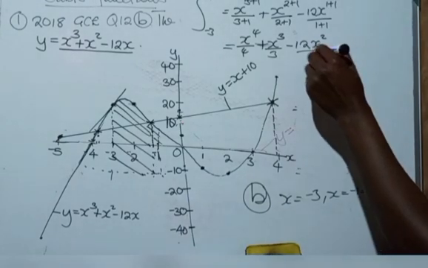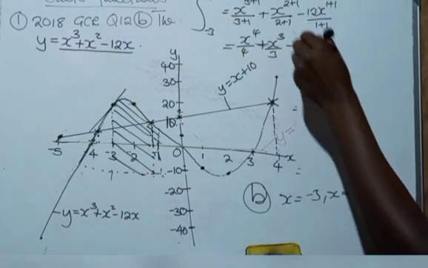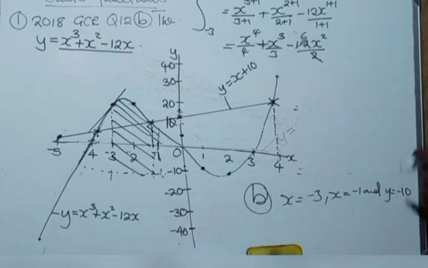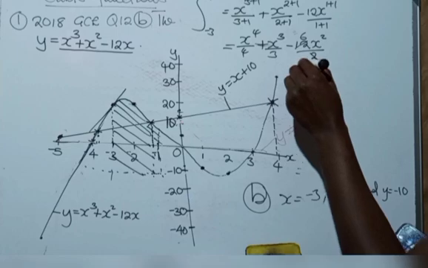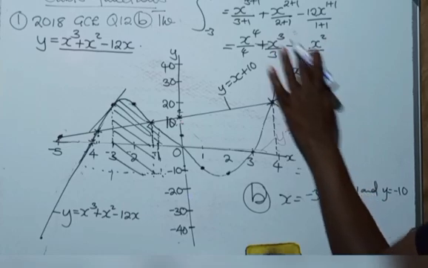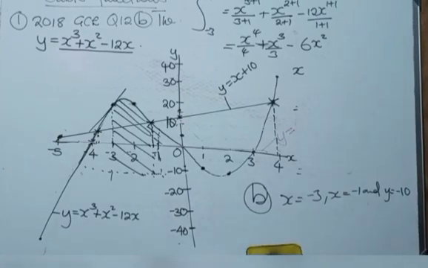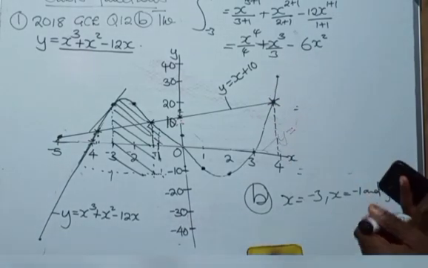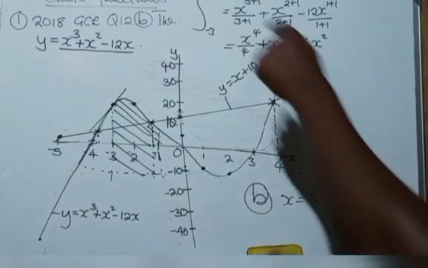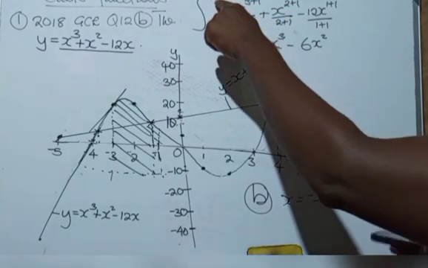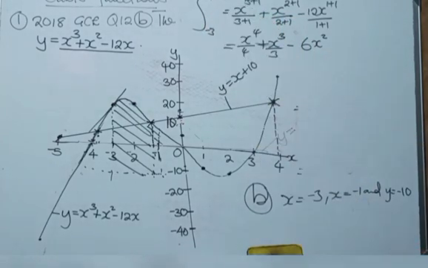Since this is 2, it is the same as writing 6. So all in all, this is our integral. Now we replace the x with -1, and also replace the same x with -3.